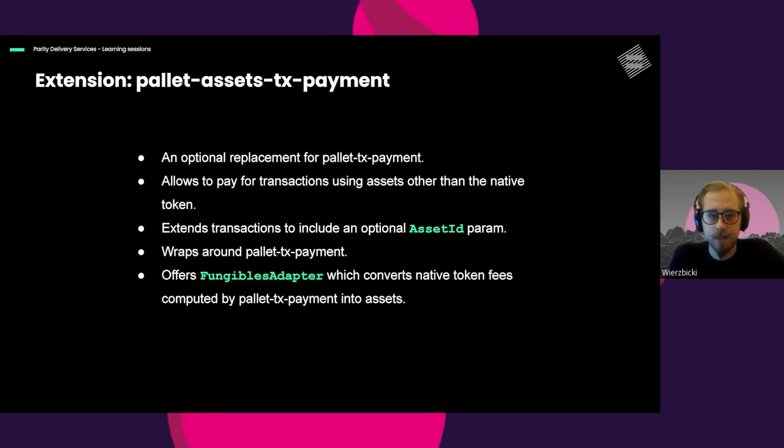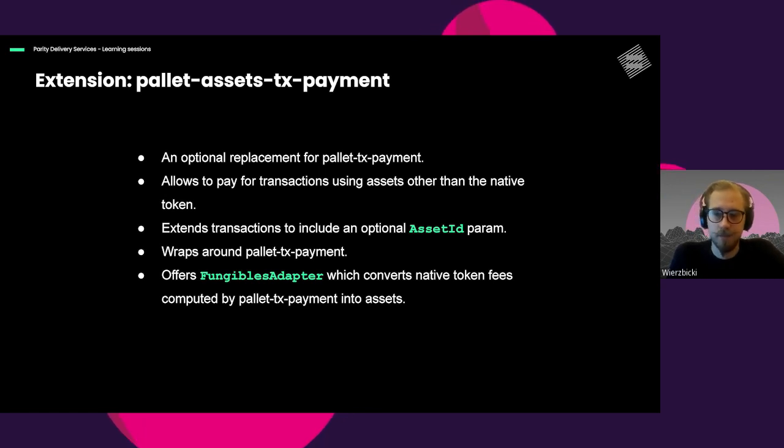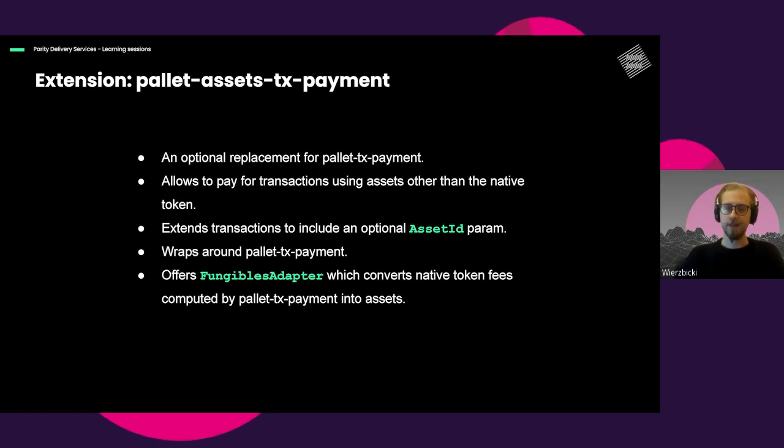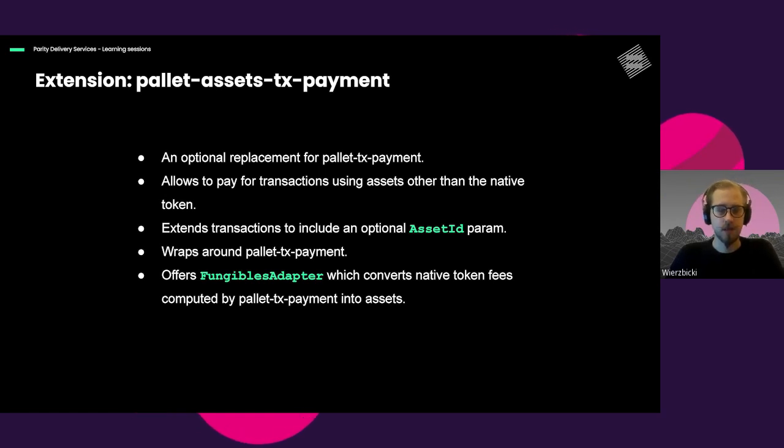It is sort of a wrapper around the transaction payment pallet because it doesn't redefine the transaction computation logic. It applies the logic from the transaction payment pallet to compute the fee, and then converts this fee into some specified asset using the fungibles adapter.